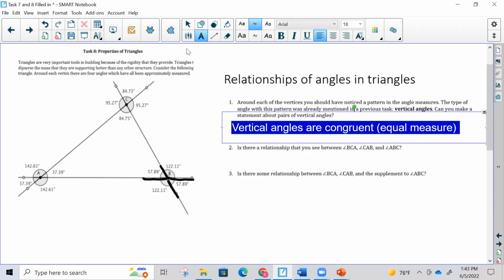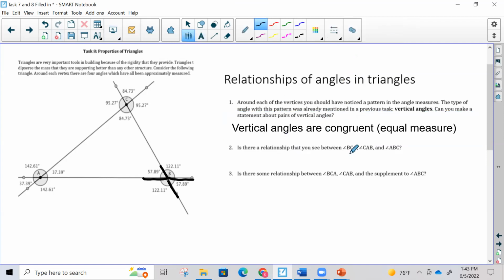Okay, so the next question says, is there a relationship between BCA? So let's trace this. B to C to A is this angle here. CAB, if we start at C and trace it to A to B, that's this angle.